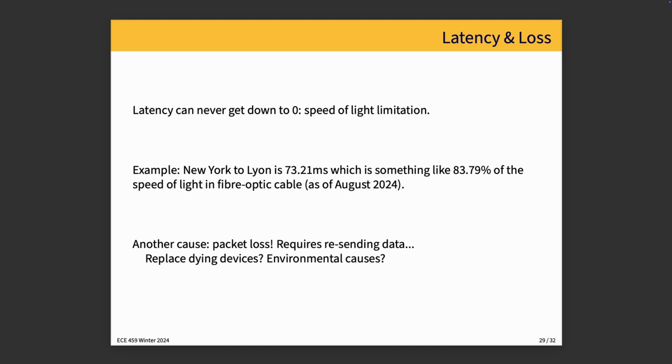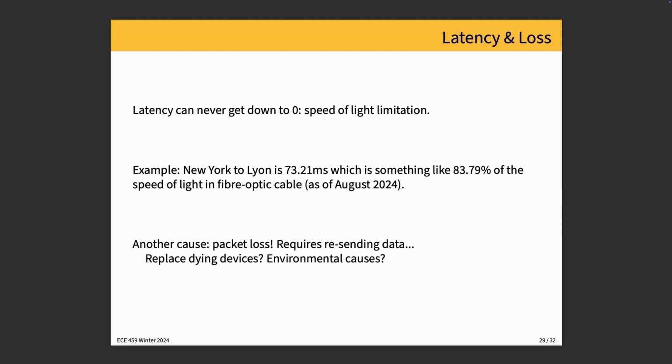But it says the ping from New York, United States to Lyon, France is 73.21 milliseconds, which represents 83.79% of the speed of light in fiber optic cable. That was a value I measured in August of 2024, right? And that one happened to be the best for these long distance routes. There are certainly ones that are worse.